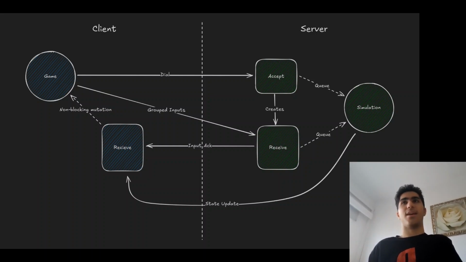You can just say try to send this. If you couldn't send it, I don't care, it's just a fire and forget kind of thing. So you don't block your main loop, and you don't introduce any delays.